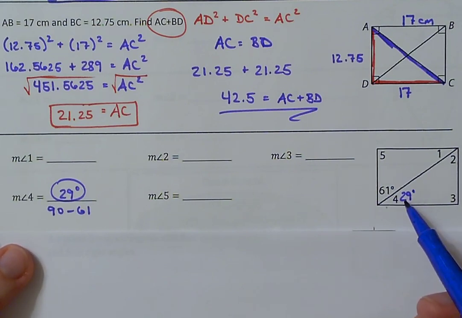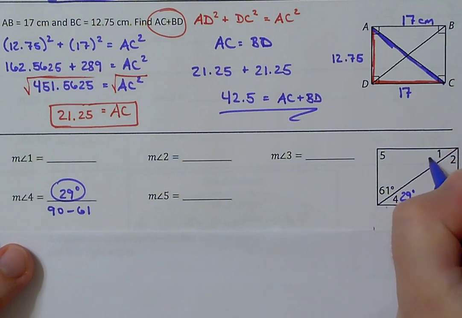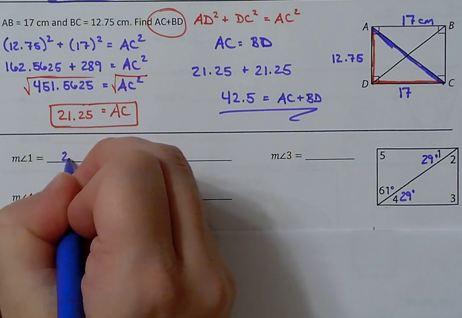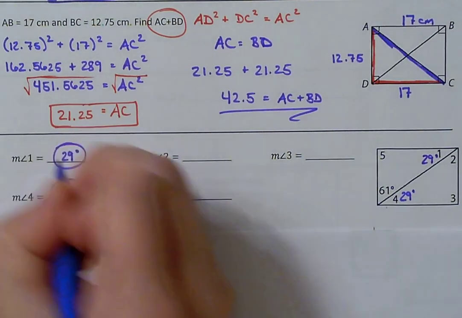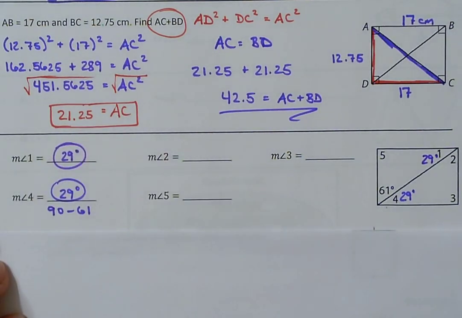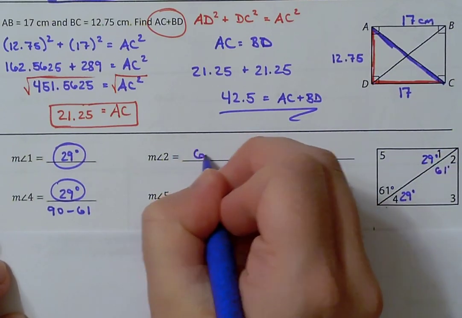So if angle 4 is 29, that means angle 1 is also 29 degrees. Now, applying that same idea, if I know this is 61 degrees, that means I know angle 2 is also 61 degrees.